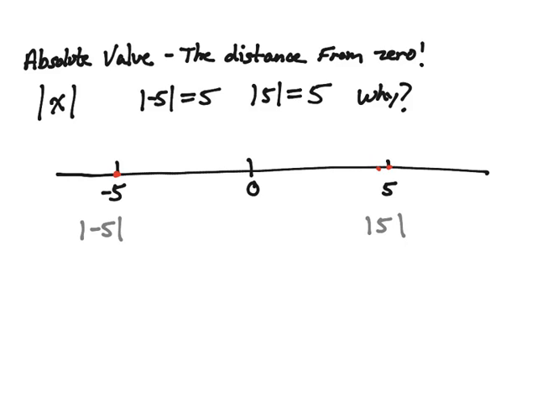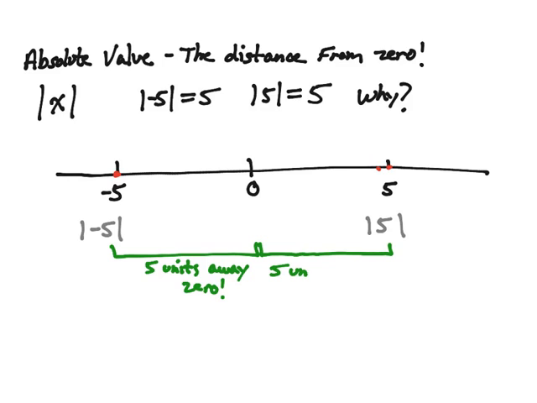What you've got to remember is that the reason why the absolute value of -5 is 5 is because it is 5 units away from 0. Does that make sense? And then the absolute value of 5 is still going to be 5 because, as I said, it's still 5 units away from 0. And the distance is always positive.